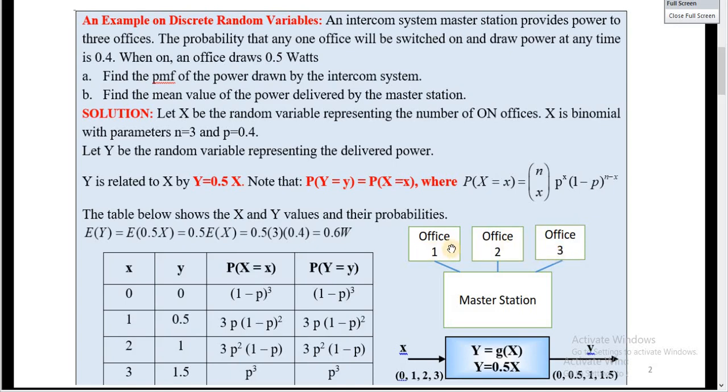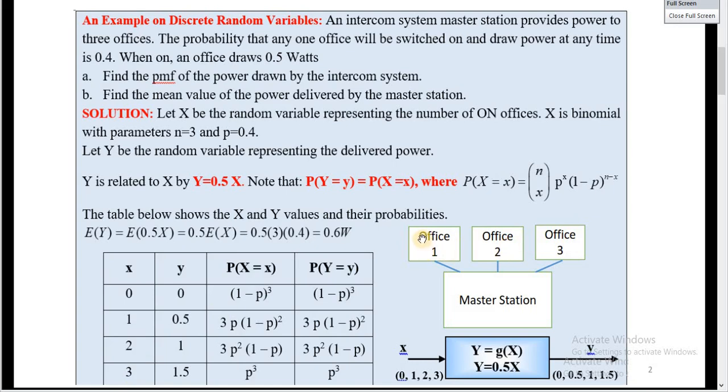So in this case, x is 1, and we might have also 2 offices without regard to the order. So the offices could be 1 and 2, 2 and 3, or 1 and 3. So this is x equal to 2, and we may also have all of them switched on. In this case, x equal to 3.